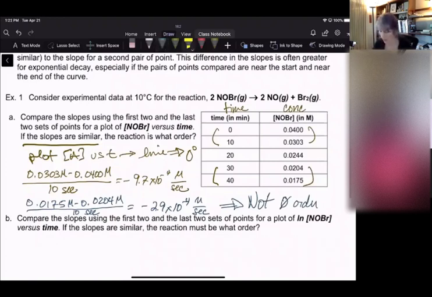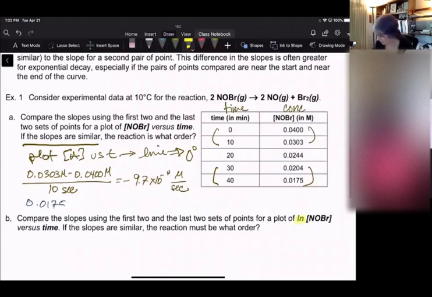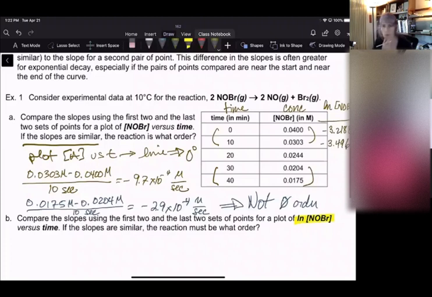Okay, so next up, we're going to check to see if it's first order by plotting the log of the concentration. So let's make a column here where we have log NOBr. So in this case, if the slopes are similar, then this should be which order?